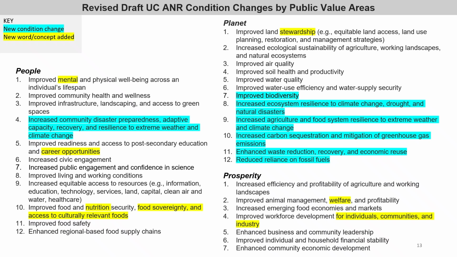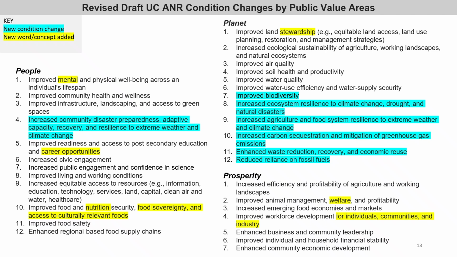And then when they were talking about workforce development, the majority feedback was it appears as if we are serving the industry. So we added individuals, communities. And then improved land stewardship, we changed it to stewardship because we think that it includes indigenous ways of knowing.